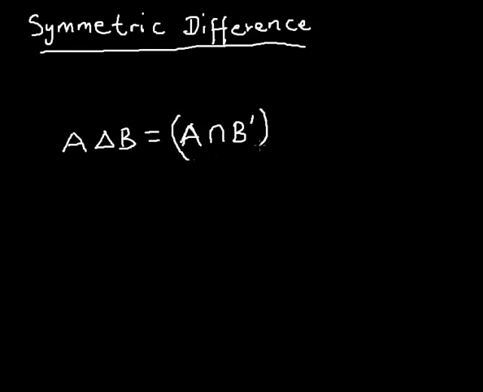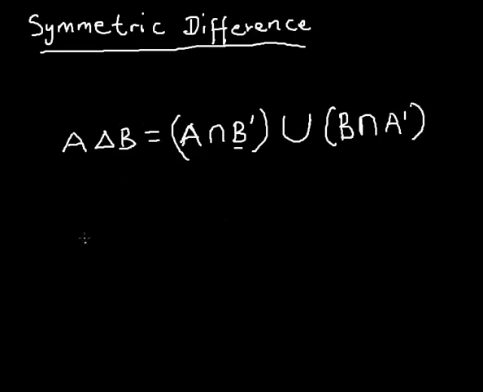I'm looking at the set of elements found in A, but I have to make sure that I remove the ones that are in B inside A. If that makes sense, I'll also do that to B, the set of elements in B, then I have to complement out A. So this is a symmetric difference.